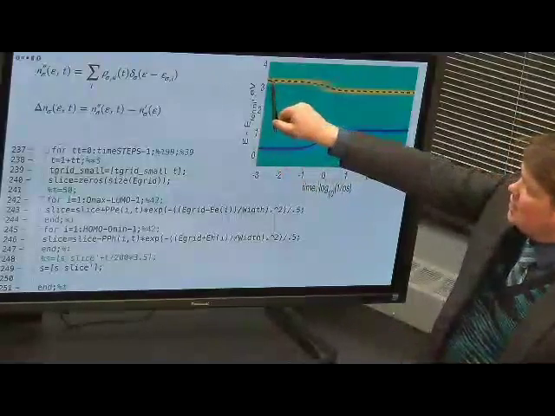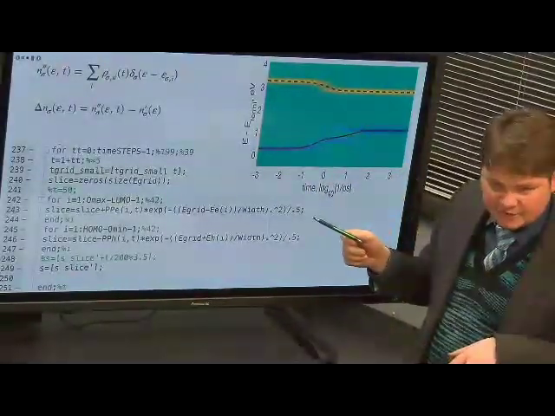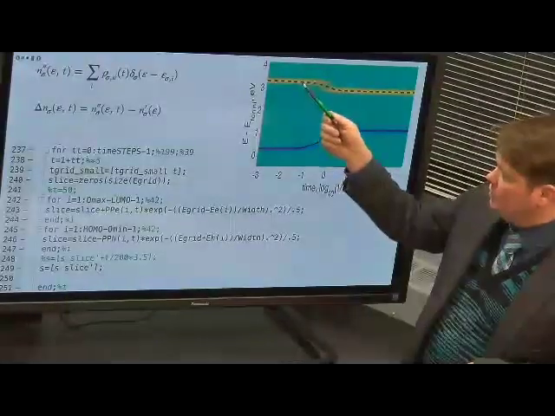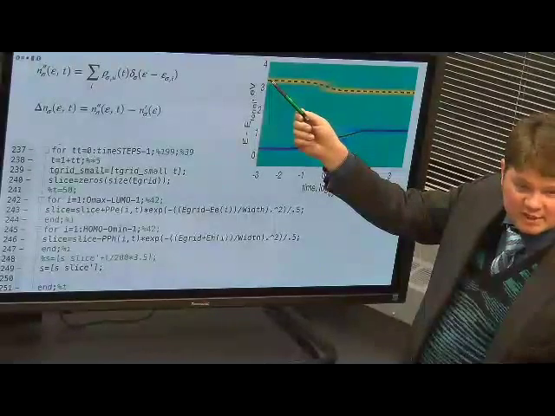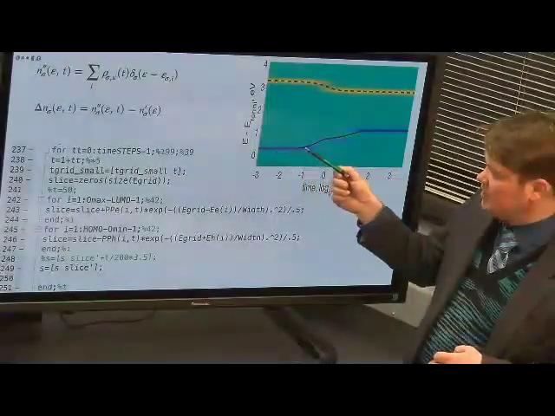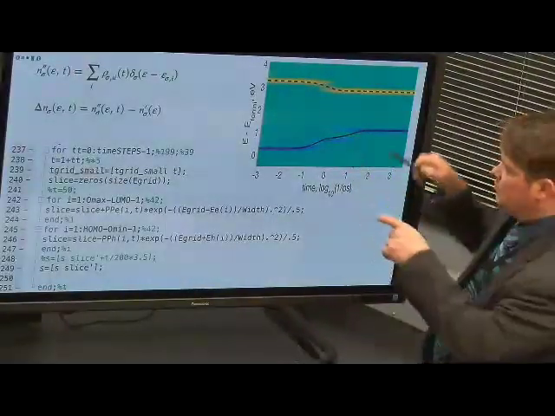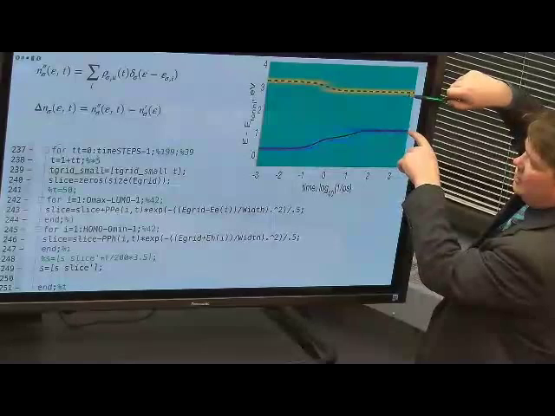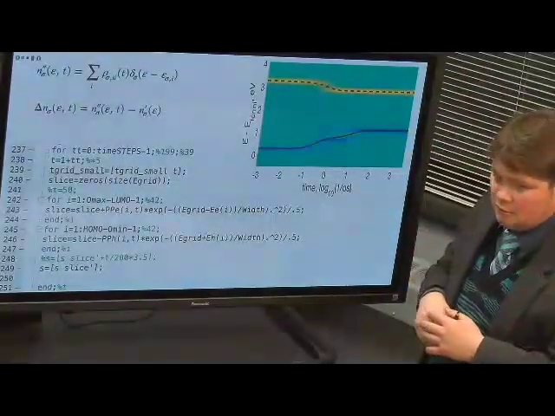And as time passes by, the electron dissipates its energy into thermal vibrations, so its energy drops from LUMO plus 10 to LUMO. The hole also dissipates energy into thermal vibration, and therefore it floats up to the maximum of the valence band. After some time they end up on the HOMO and LUMO, on the edges of the bands. Okay?